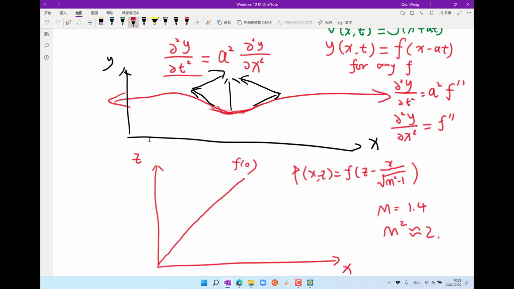So if x equals z, wouldn't x over square root of that... Yeah, I'm saying m squared about 2, so square root of m squared minus 1 is about 1, right? Okay, we're going to see how different Mach numbers are going to affect the shape of the contour pretty soon.